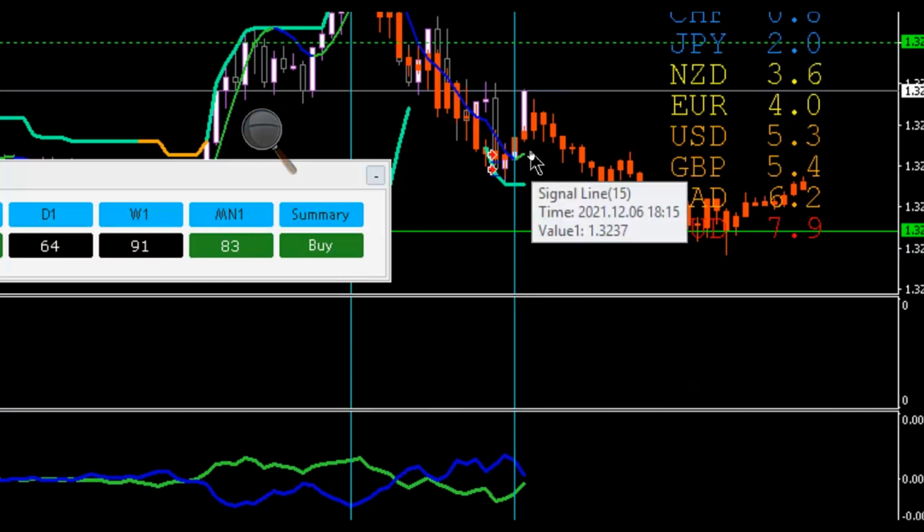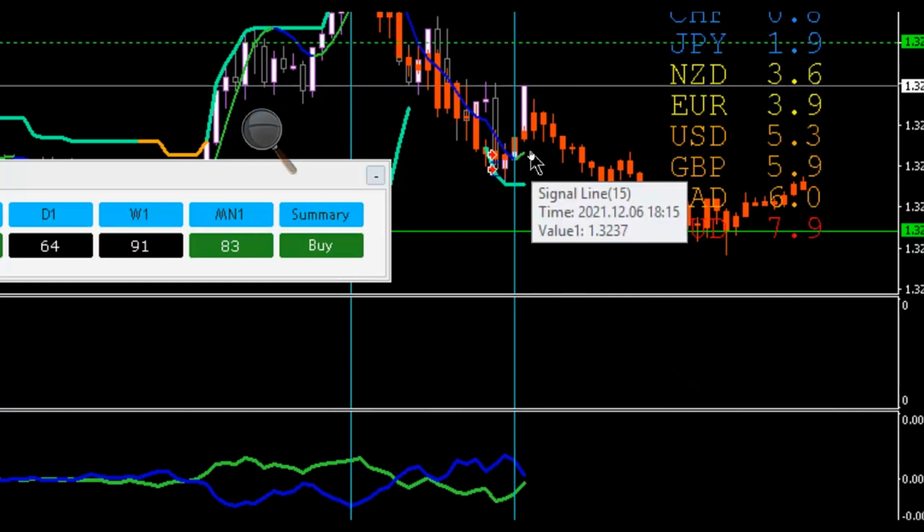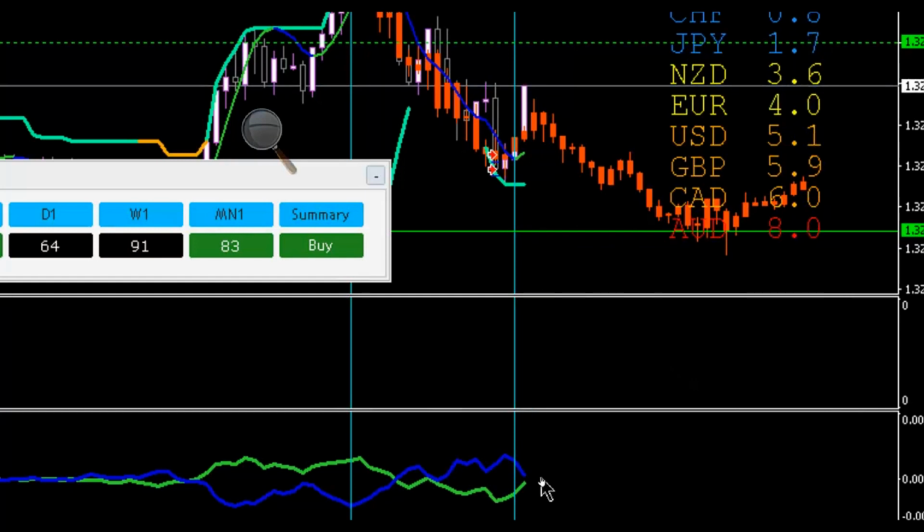The US dollar is going to gain in strength, and when you see this here like a claw, that means it's not good news yet until the green pops upwards and the blue goes downwards. Then we can do a buy or sell.